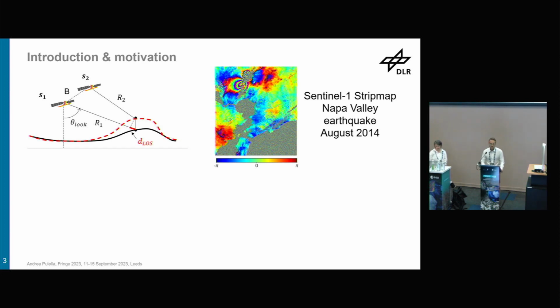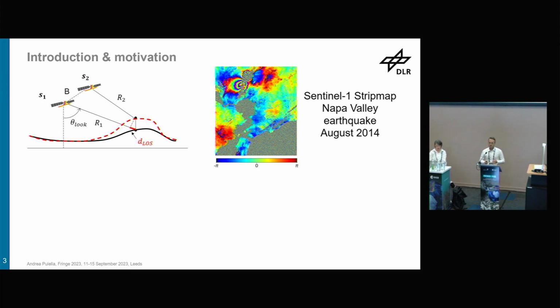So what is InSAR? Basically, we have a repeat pass acquisition mode. We are acquiring at different times over the same area, and what is of interest for us is that if we have within this time frame a change in the topography, we can retrieve an interferogram like this, that is quite interesting, because by looking at the fringes we can also extract some measurement like the amount of deformation.